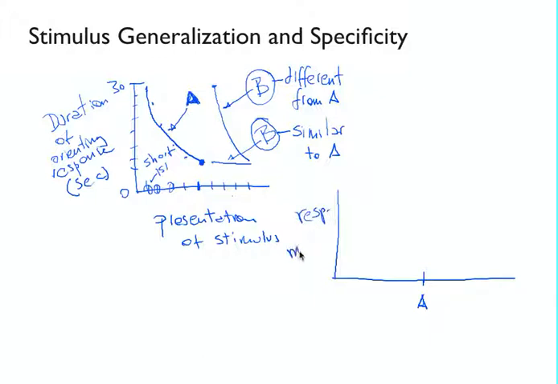Response magnitude. And so A, of course, we have a stimulus, so this is stimulus B. Here we present the stimulus B that is identical to A. Identical to A. So we expect very little responding to that stimulus.